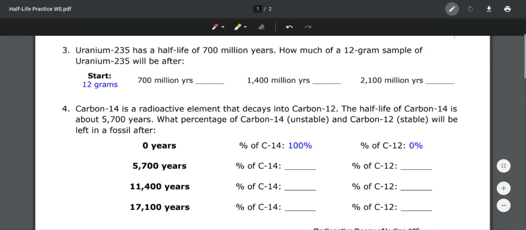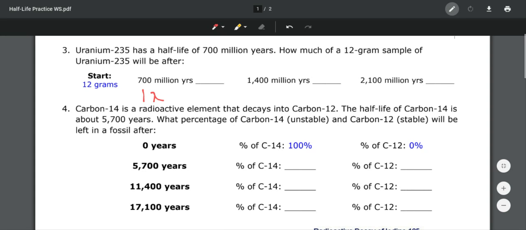All right. Uranium-235 has a half-life of 700 million years. How much of a 12-gram sample of uranium-235 will be left after? All right, so I'm starting with 12 grams. 700 million years, that's one half-life. That symbol next to that one is the symbol for half-life.